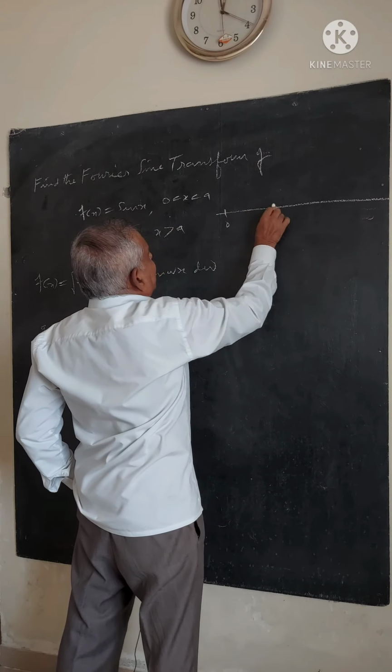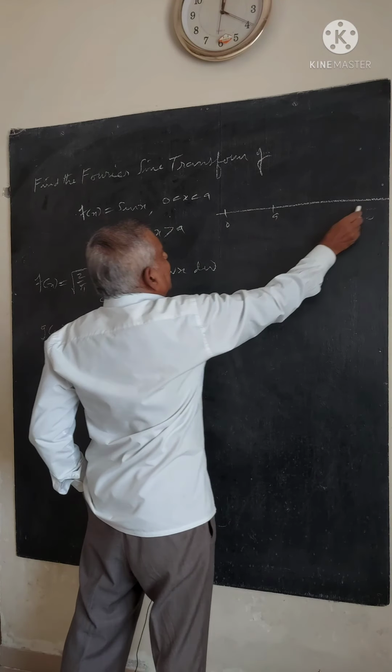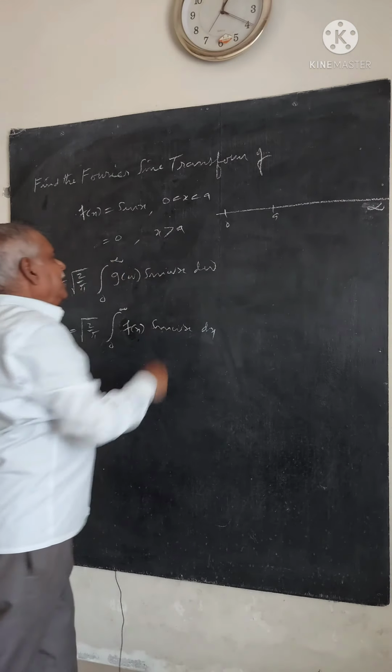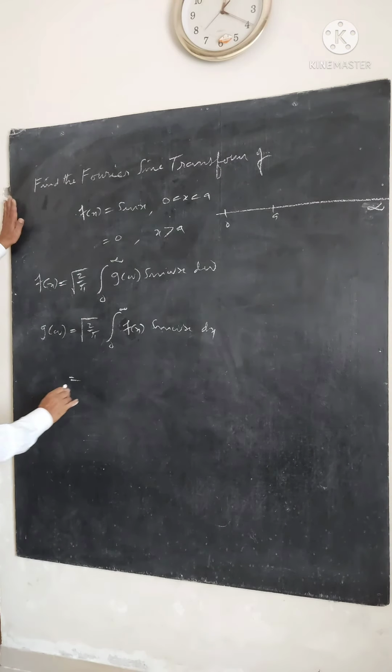We split it into 0 to a and a to infinity, since x greater than a means a to infinity.